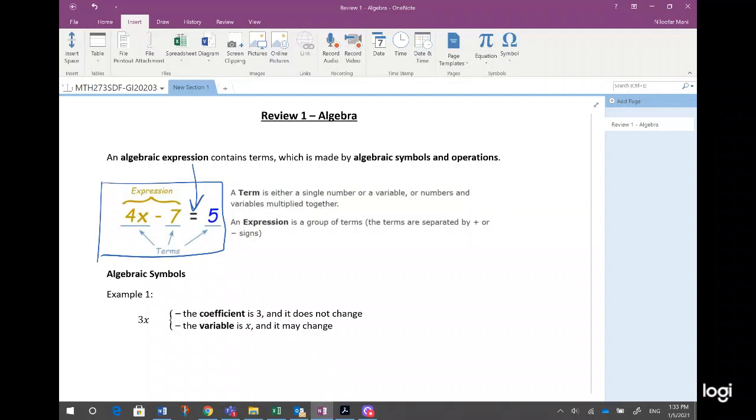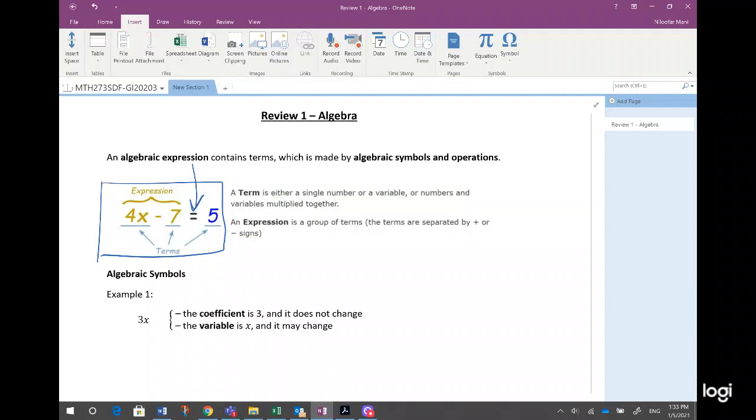Term number 1, 4x, which is a number multiple variable. Term number 2, 7. These terms are separated by minus and plus. The right side is just a number. That's also an algebraic expression, okay? But it's just a number.